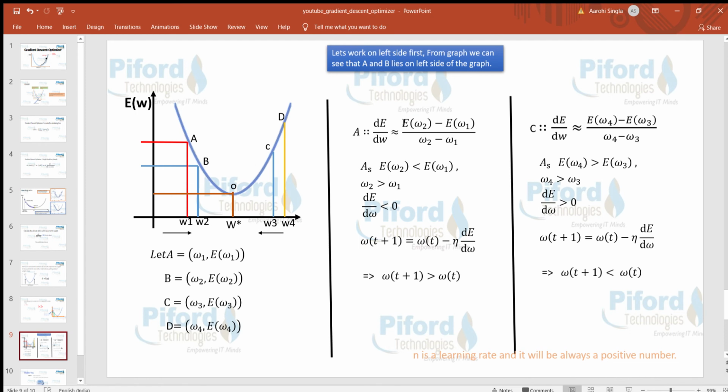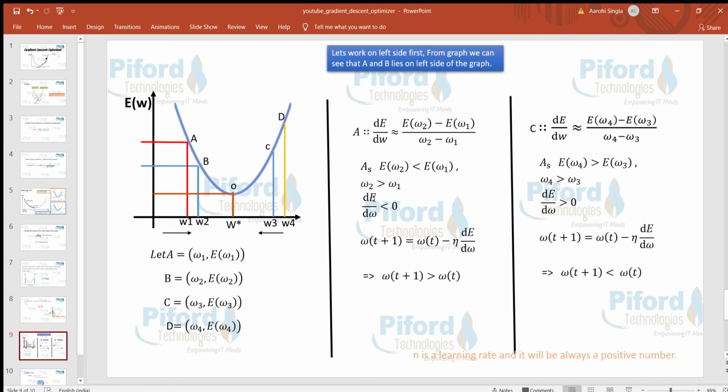And in the numerator over here we'll get a negative value. Why will we get a negative value? Because the value of error of W2 is smaller than the value of error of W1. So the numerator is negative and the denominator is positive, right? That means dE by dW is less than 0.